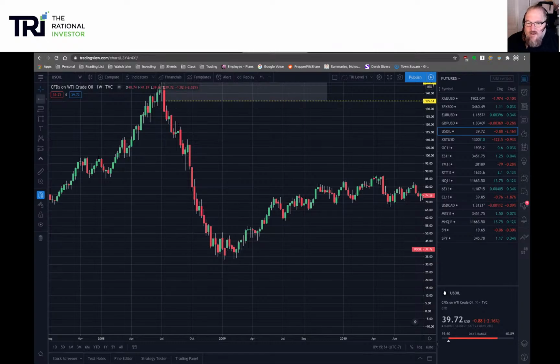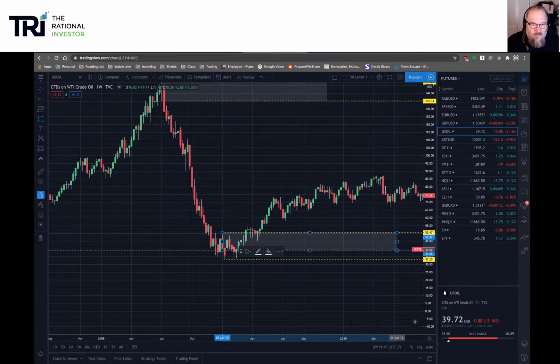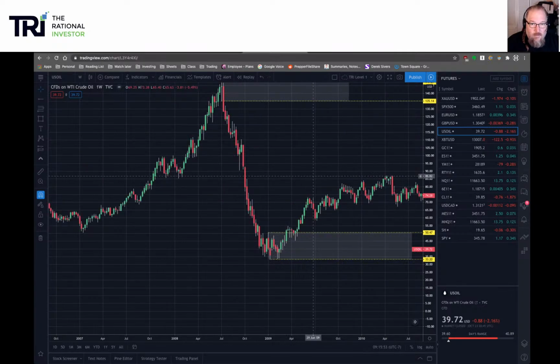Similarly, if we come down to this low, we can look at the lowest low plus the previous candle, so that's up to here. And now this area defines that IFP range for the low that was put in here.